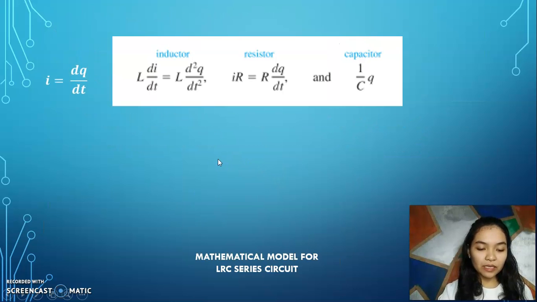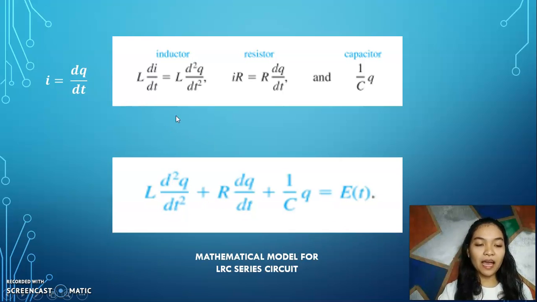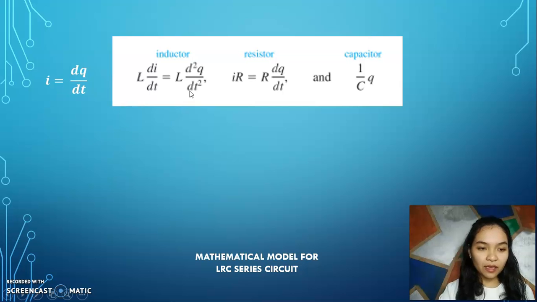Since I sub t is related to the charge Q of t on the capacitor by I is equal to dq over dt, L di over dt will also be equal to L d squared q over dt squared.